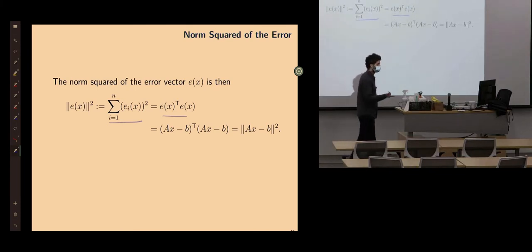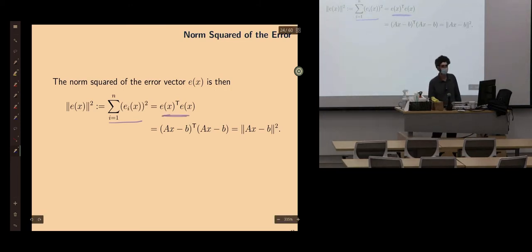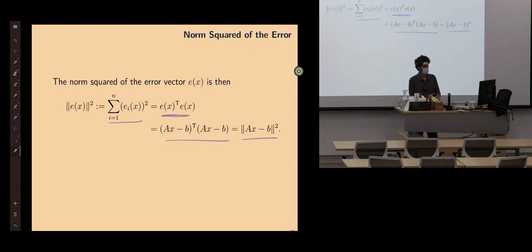Now, I can also substitute the definition of the error inside here, right? The error was Ax minus b. So in fact, what I have is (Ax minus b) transpose times itself, which is, of course, the norm of Ax minus b squared. So we're just substituting the definition of the error inside this term.